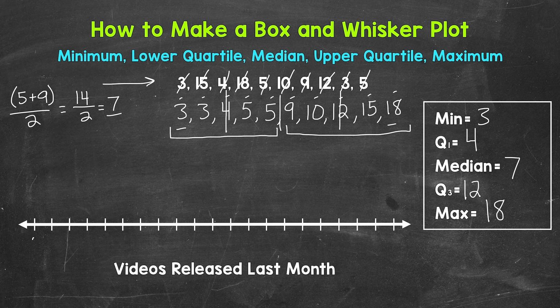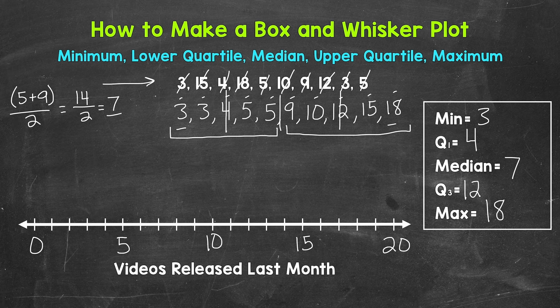So let's start with 0 here, and I'm going to count off by 5s here. So 1, 2, 3, 4, 5, 6, 7, 8, 9, 10, 11, 12, 13, 14, 15, 16, 17, 18, 19, 20.